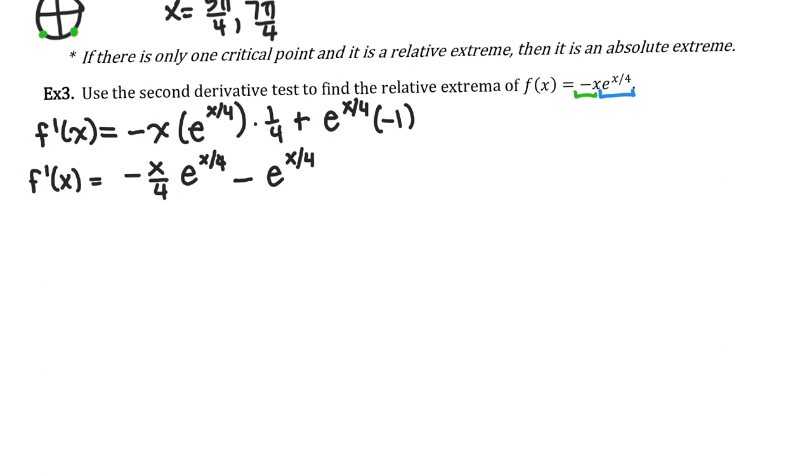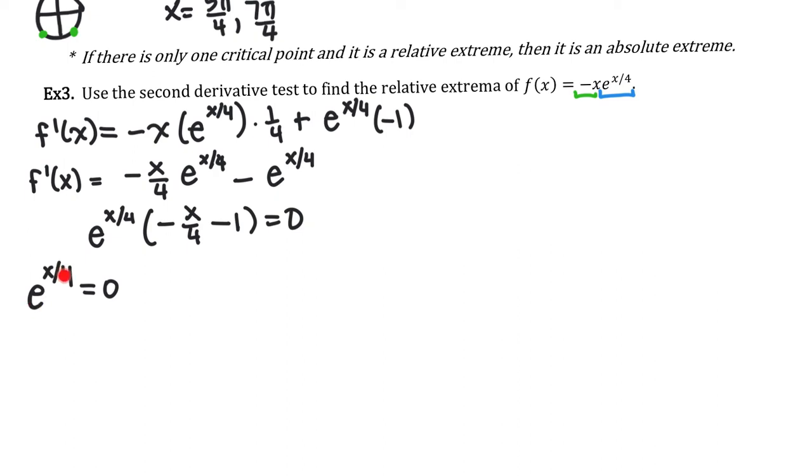Okay, I'm going to set this equal to 0, and I'm going to factor out the e to the x over 4, which will leave me with negative x over 4 minus 1, and I'm setting it equal to 0 to find the critical points. Now let's see, e to the x over 4, let me make that equal 0.